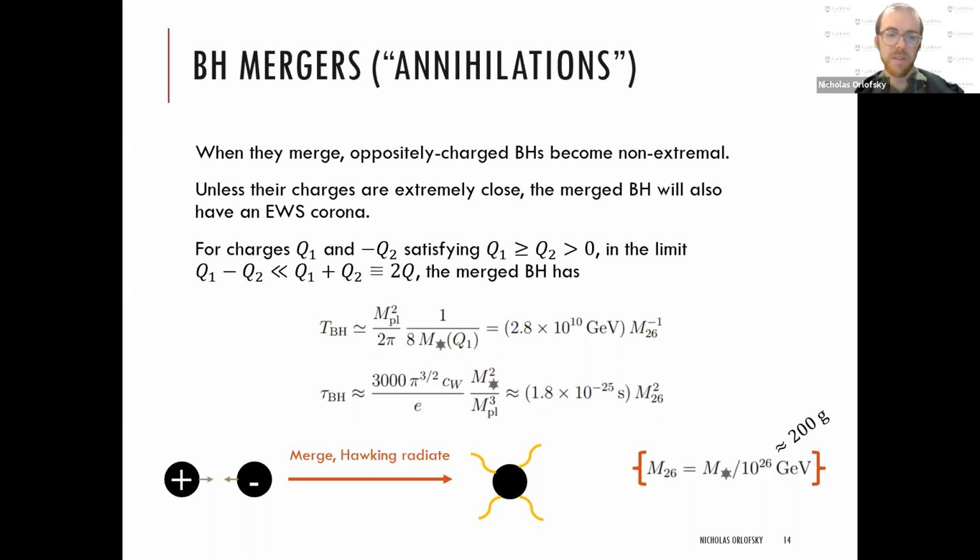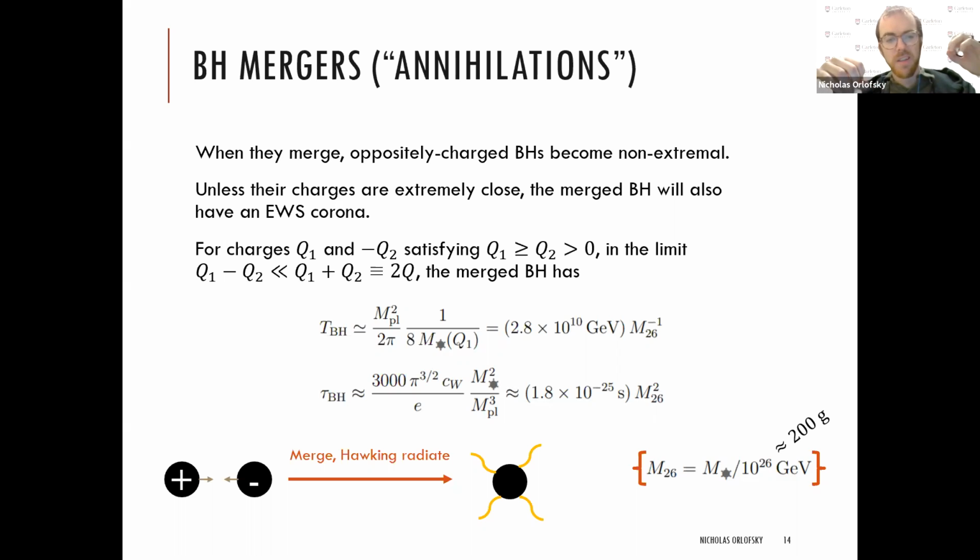And what the story is there essentially is that you may think that if you have two black holes that are close to each other, they would be attracted to each other and merge immediately. And probably that happens for some of them, but for most of them, you have to consider the effects of other nearby black holes.